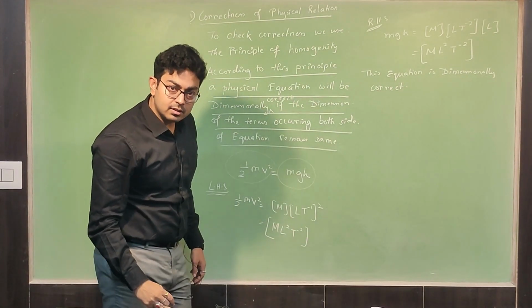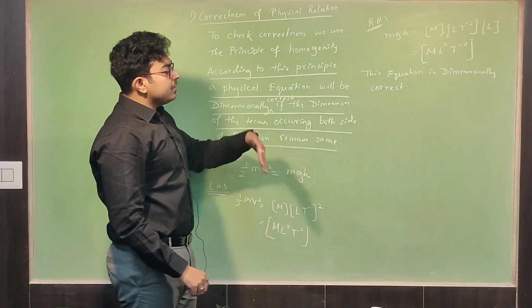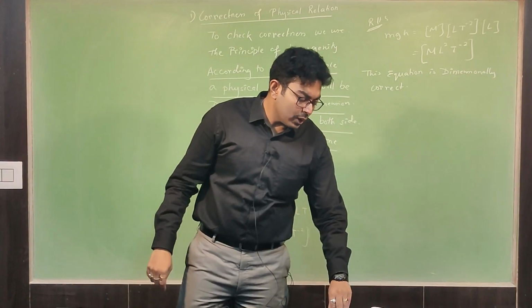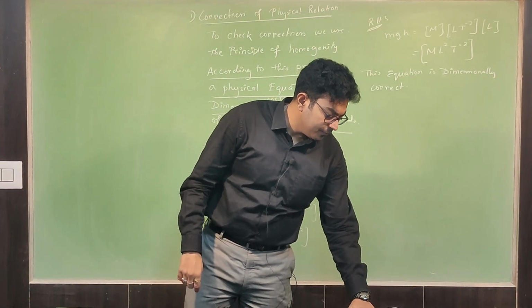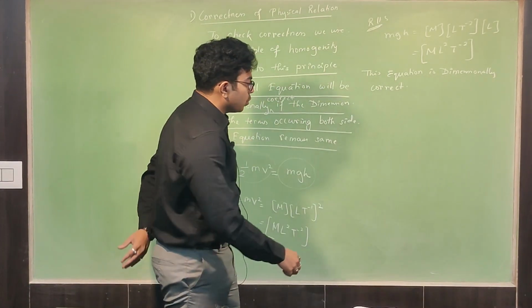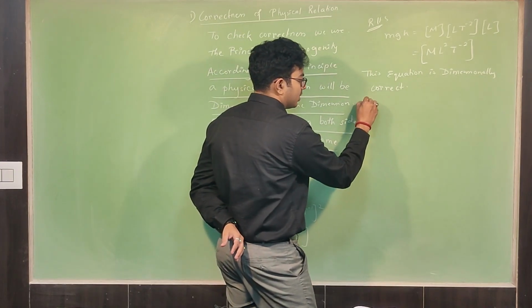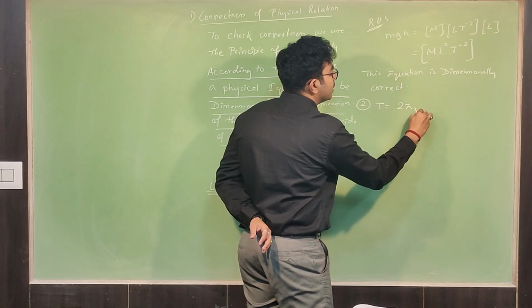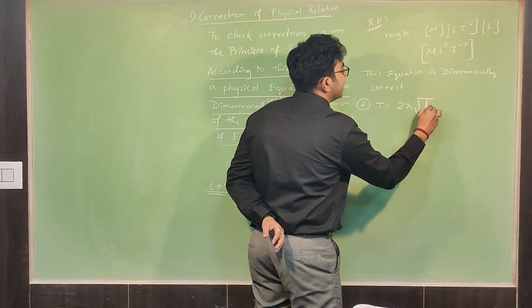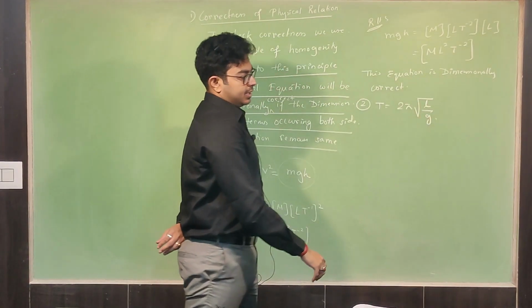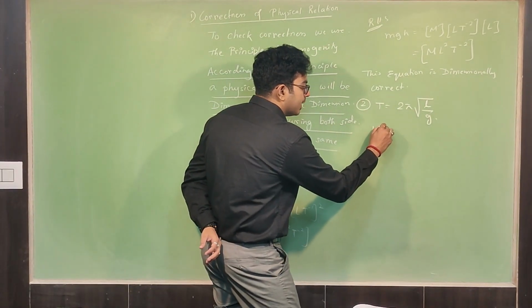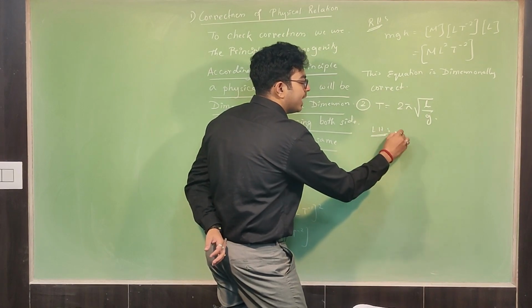Okay, fine. Any problem? Now, let me give you another example. Find out whether this is dimensionally correct or not. T is equal to 2 pi root over L by g. Is this dimensionally correct? Let us find out. What do we have on the LHS?